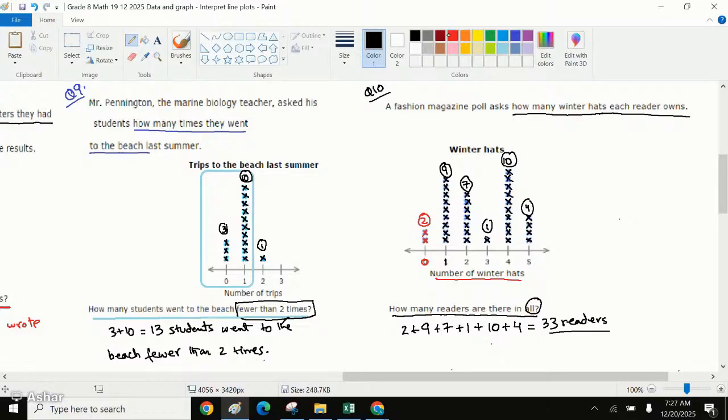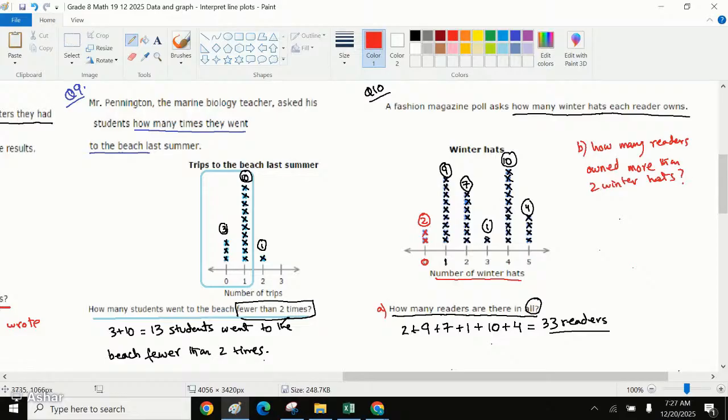But if I would change the question, if I add another part to the question and I say, how many readers owned more than two winter hats, right?